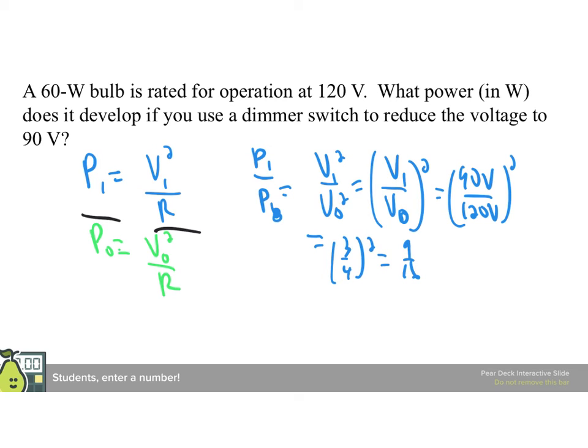And therefore, the actual power would be 9/16 of the original power, which turns out to be about 33 3/4 watts. No, it's just about half. By reducing the voltage by 1/4, we reduce the power by almost half.